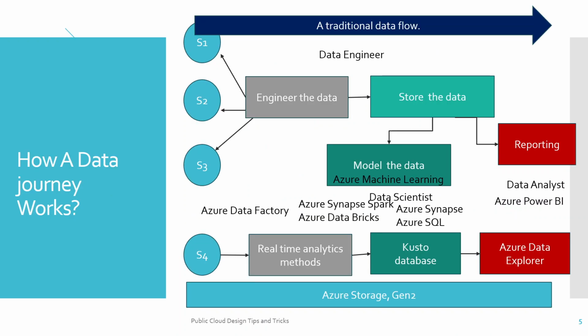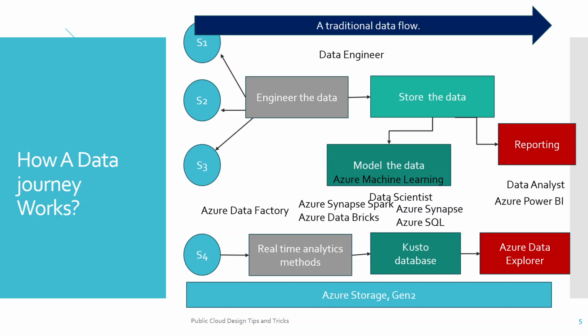Now, if you try to translate that particular business problem into a simple data journey or developer journey, how does it look? In a traditional data flow scenario, let's go step by step. There should be a platform or software that will do a lot of stuff. For example, at the first step, it is data ingestion.